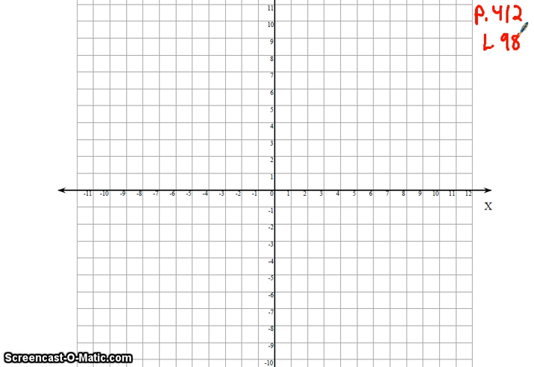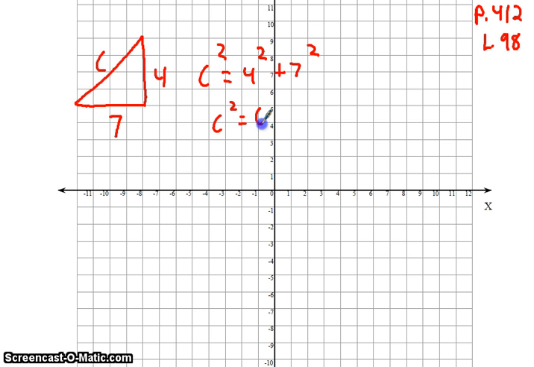Now, if you recall, when we did the Pythagorean Theorem, if I draw a triangle like so, and ignore the actual measurements that are showing, but if I said these are the measurements, we can find what C is by doing C squared equals 4 squared plus 7 squared, or that C squared equals 16 plus 49, C squared equals 65, C equals the square root of 65.